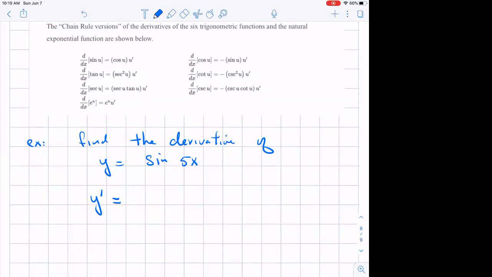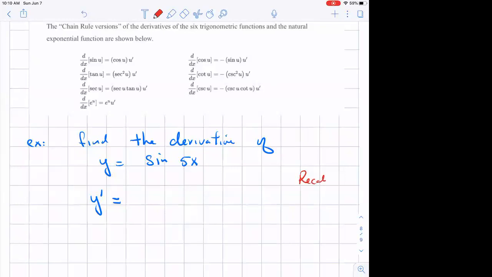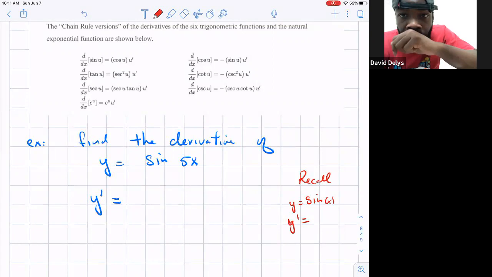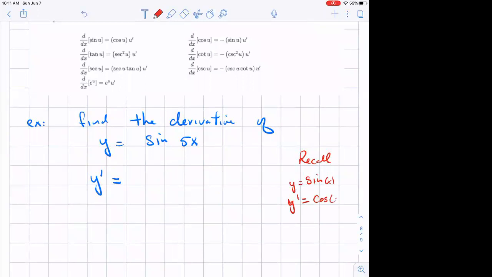Well, you should recall that if y is equal to sine of x, what is y prime equal to? Cosine x. Okay. So the derivative of sine is cosine x.